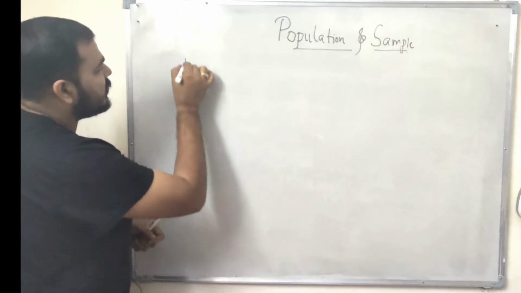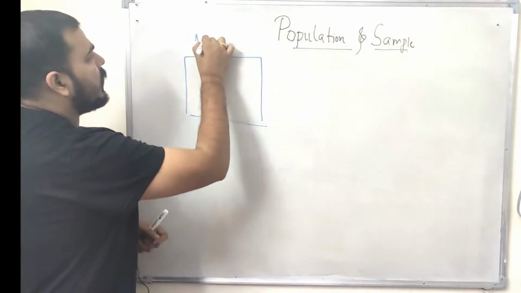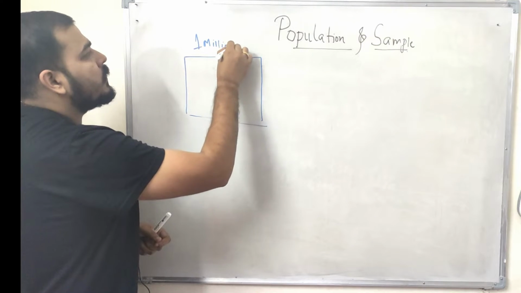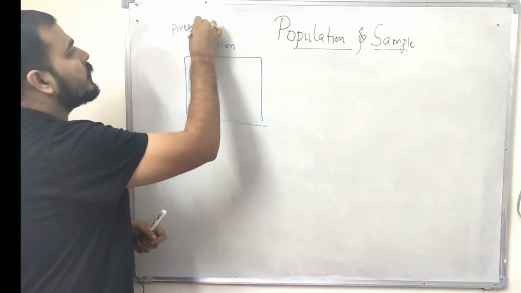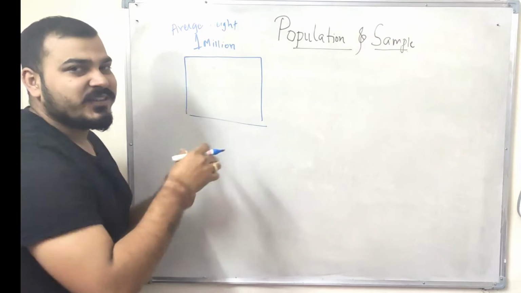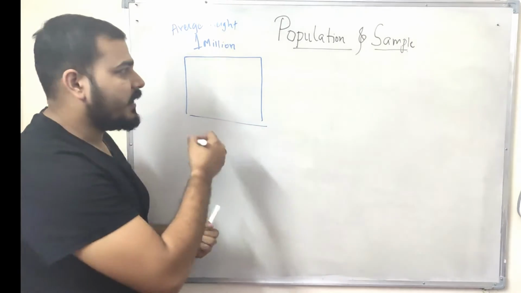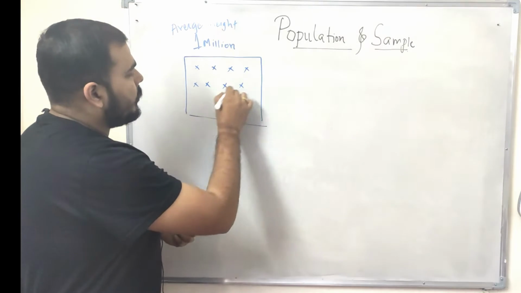So suppose in this particular state there are around 1 million people. And suppose I want to find out the average height, right? Now, this may be any state. So there are basically 1 million people over here, right?